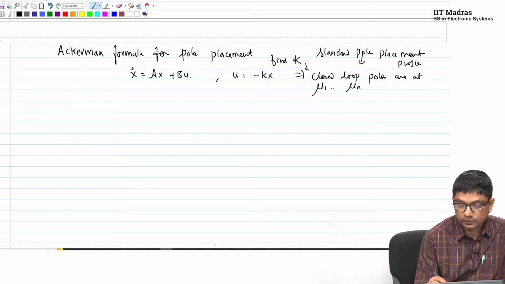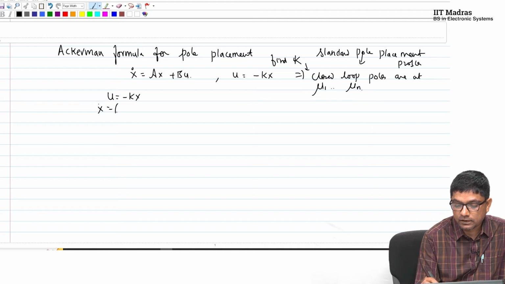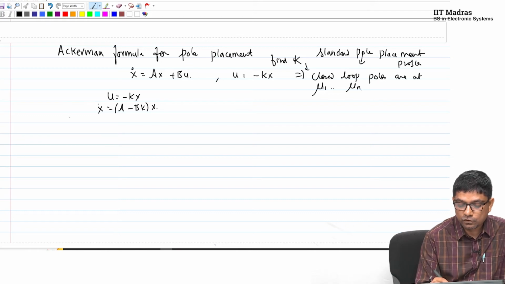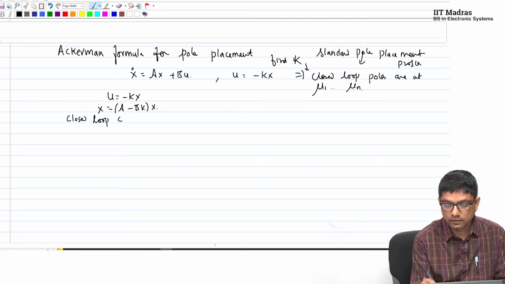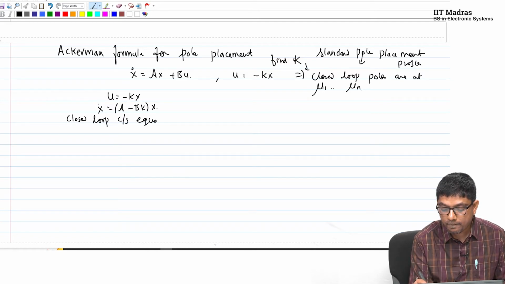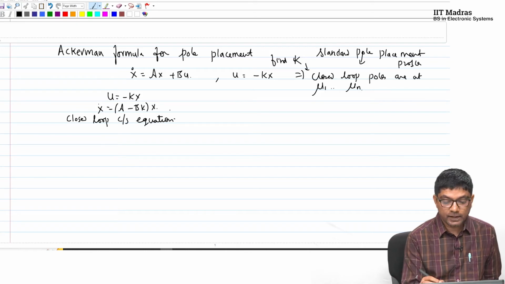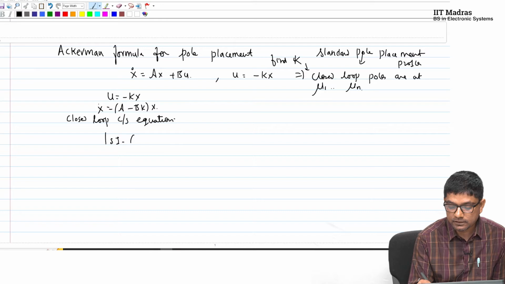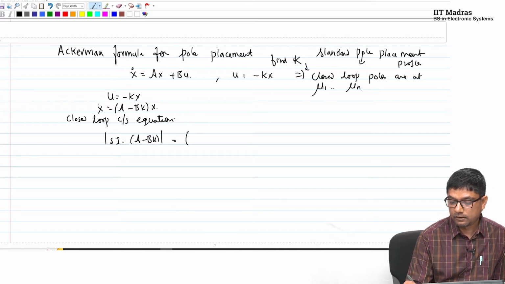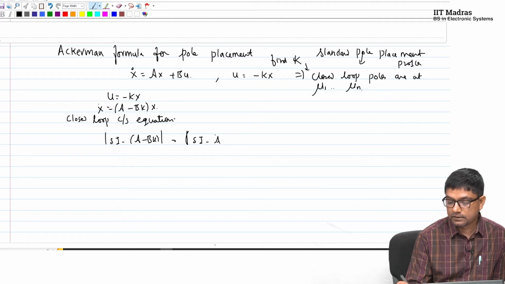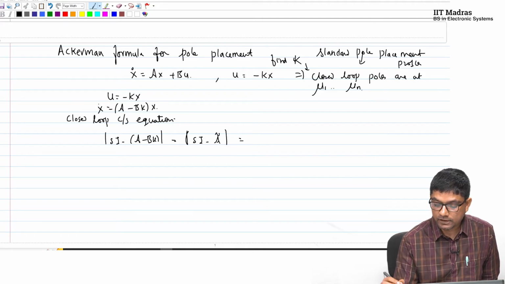Now x dot equal to Ax plus Bu, with u equal to minus Kx, results in x dot is A minus BK times x. So what is the closed loop characteristic equation? It will just be the determinant of sI minus A minus BK, and I will call this A tilde, so sI minus A tilde. Where should I want this to be?